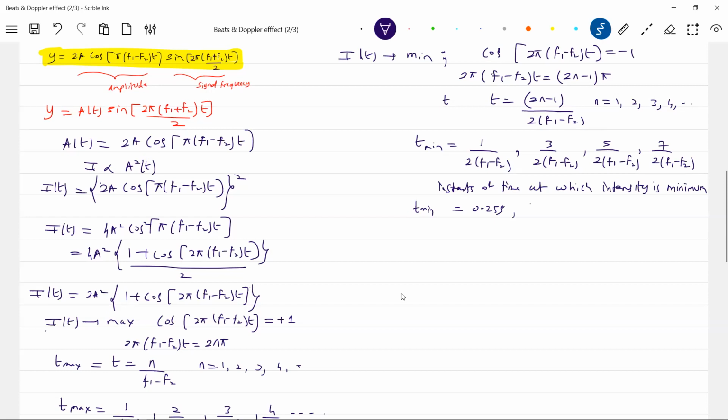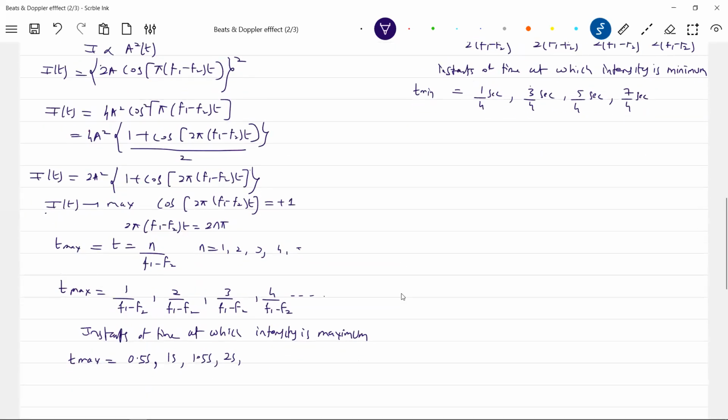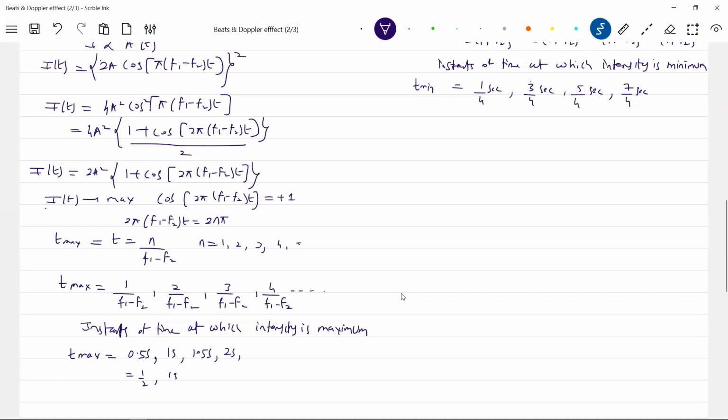I can write it only in this way: 1 by 4 seconds, 3 by 4 seconds. And what about this? This in fact will be 1 by 2, 1 second, 3 by 2, 2 second. Either way. So it'll be easy for us.